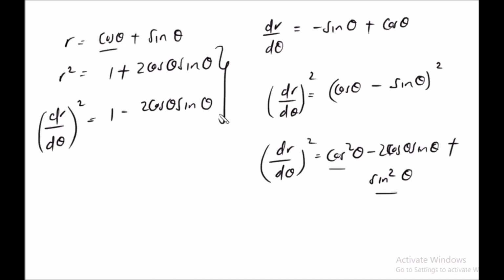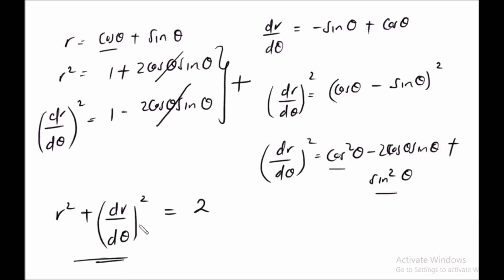So umeona hizi mbili nazijumlisha, so upande wa huku nakuwa na r squared plus (dr/d theta) squared, alafu upande wa huku huyu na huyu anaondoka, 1 plus 1 is 2. Kwa hiyo tumeona kwamba in kesi ya r squared plus (dr/d theta) squared ni sawa na 2.